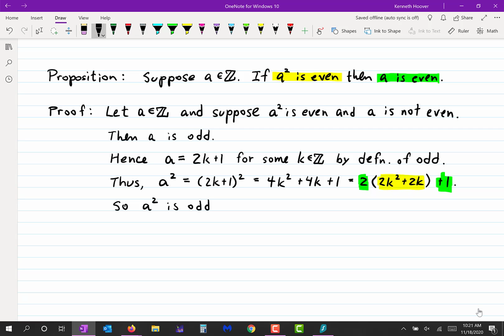So I should say, so A squared is odd since 2k squared plus 2k is an integer. Okay. Well, isn't that a contradiction? Because I've already said up at the top that A squared is even. And now I've got A squared is odd. Don't those two things contradict each other? So let's point that out.